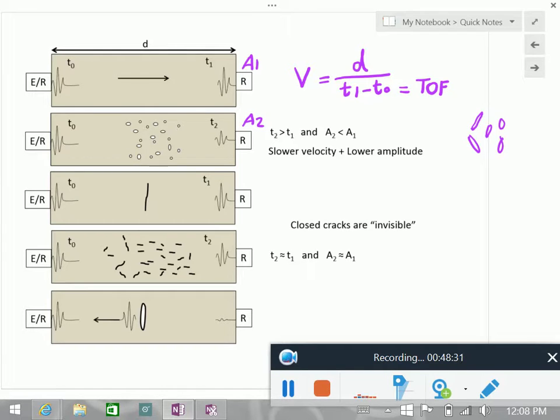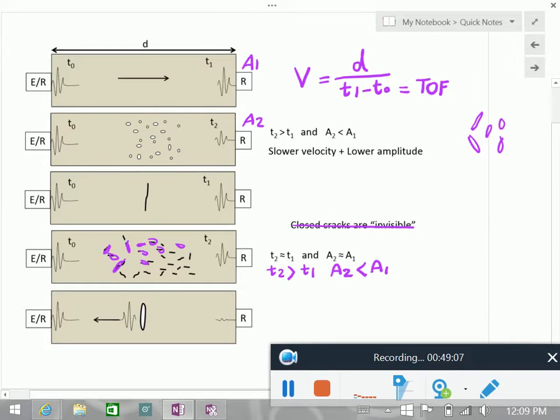And then if you have, let's say, we now don't talk about closed cracks. If these are real cracks which are open, you are going to get T2, which is slightly larger than T1. The velocity is smaller. And also A2, which is slightly smaller than A1.